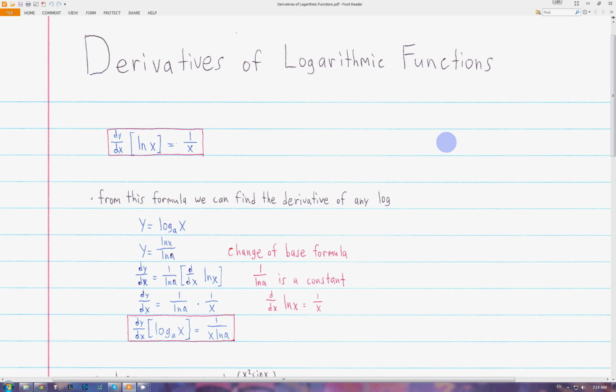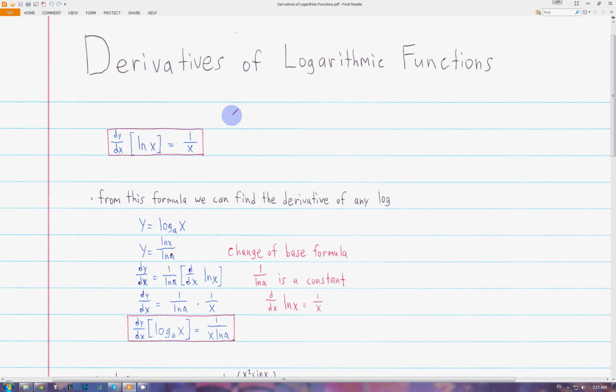So the derivative of the natural log, ln of x, is just 1 over x. So if we have the natural log of something, then the derivative of that is just 1 over that something.